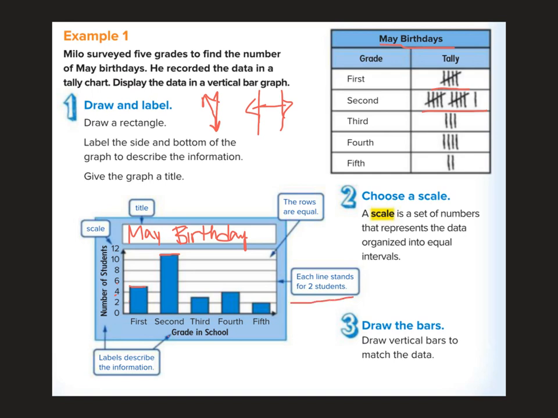Notice that each line stands for 2 students. The rows are equal. The scale is equal. 3 again is not an even number, so it's going to go halfway between 2 and 4. Here we do have 4, so we can go up to a line. And here we have 2, so we can go up to that line. Okay, so here is our vertical bar graph to show May birthdays in each grade.